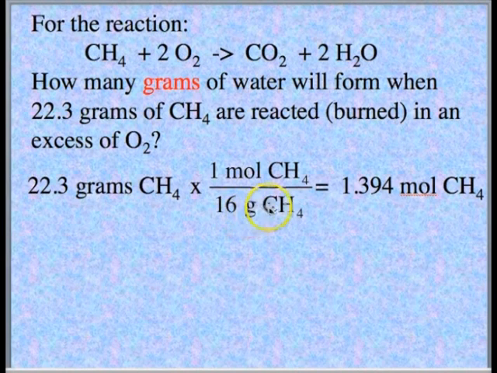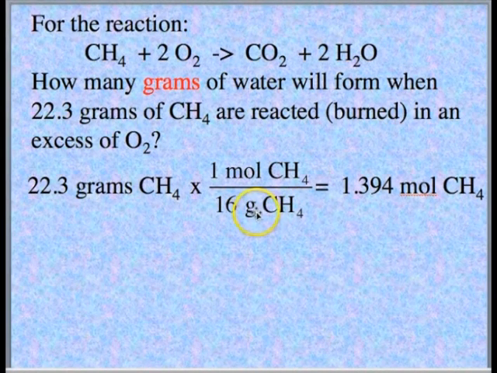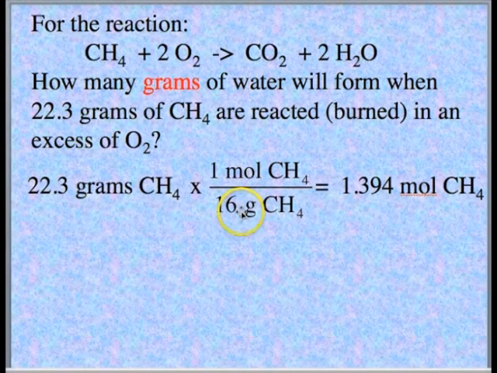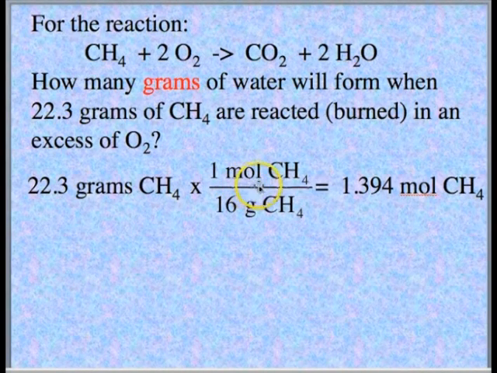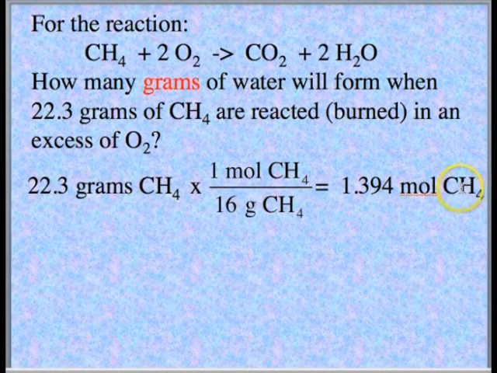If I'm careful with my labels and make full, complete labels, I will guide myself to set up this ratio correctly. So it's very important for you to spend a little extra time to set up your ratios with full labels. So here we have 1.394 moles of methane after I convert the grams to moles.